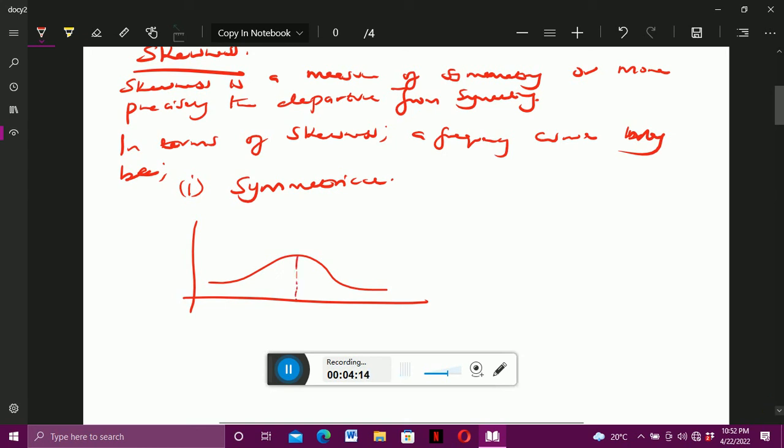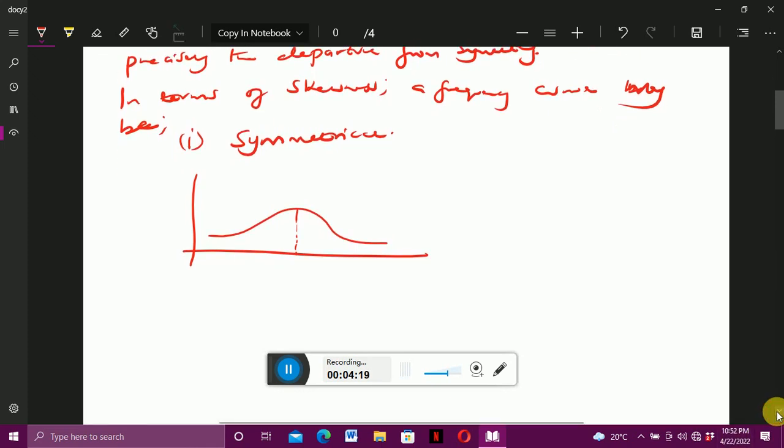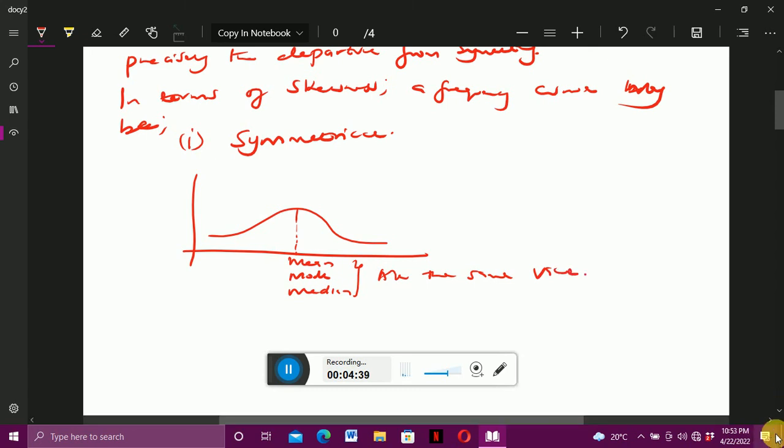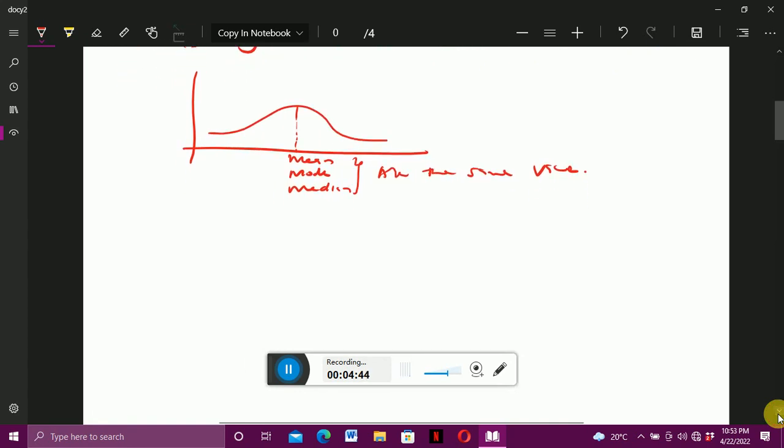So for a symmetrical frequency curve, the mean, the mode, and the median, the three of them are the same value or take the same value. So that is one of the ways in which a frequency curve may be in terms of skewness.